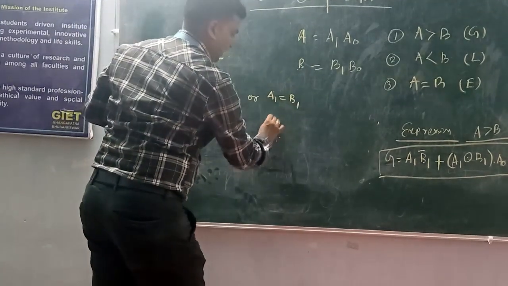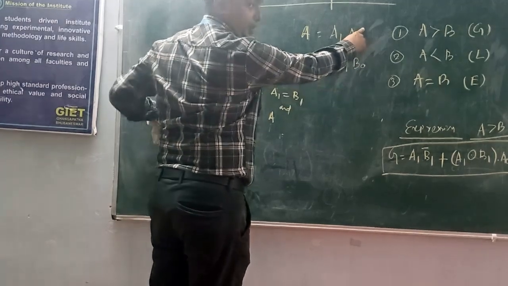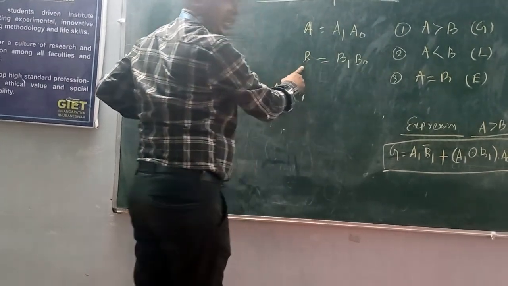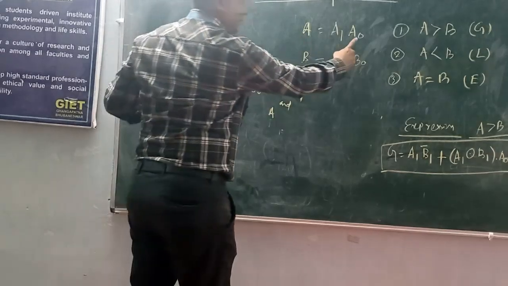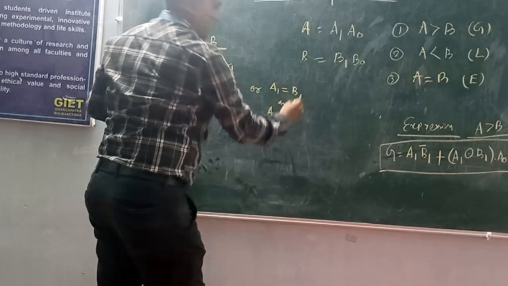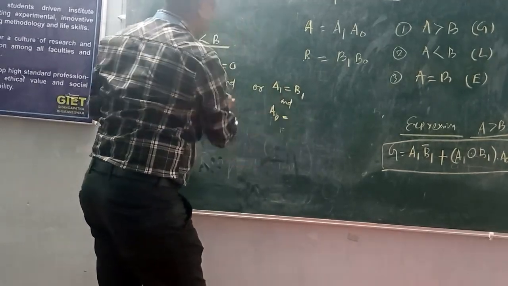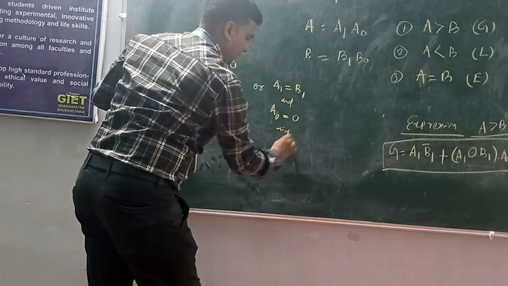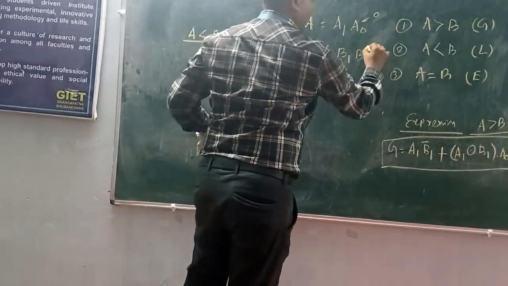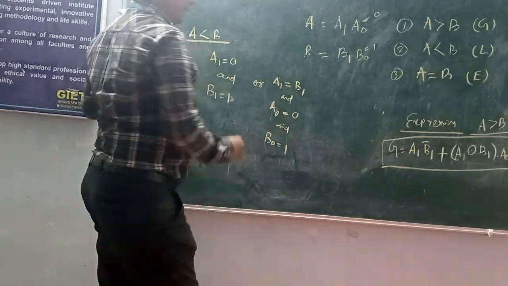Sorry, the A0 value will be 0 and the B0 value will be 1, because here A is less than B. So A less than B will be satisfied.